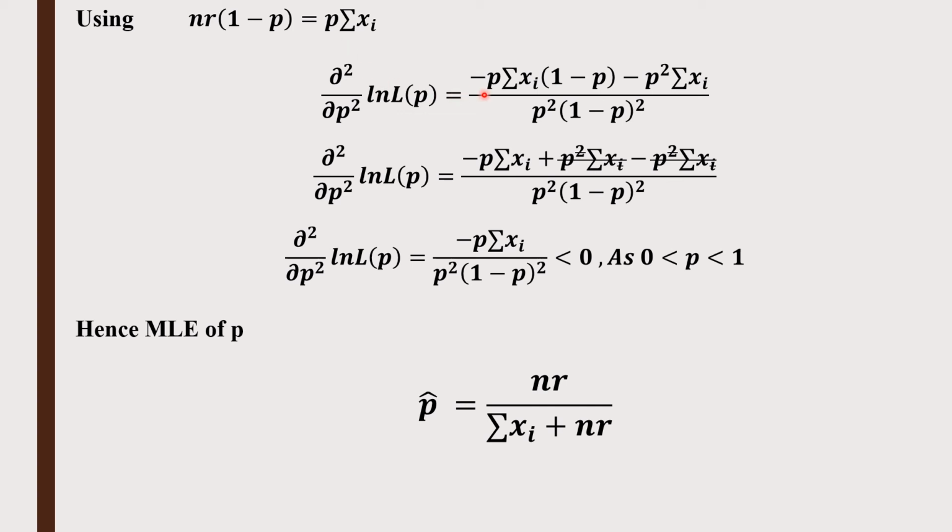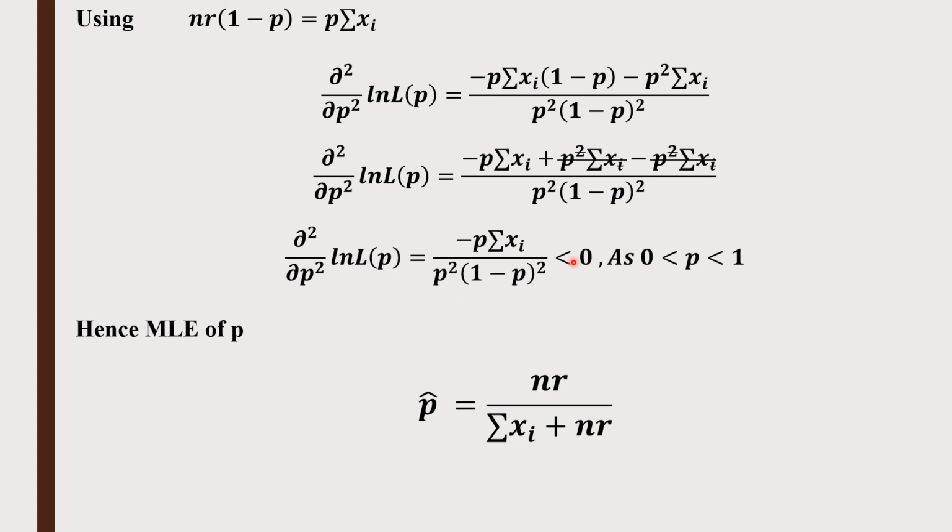We have minus p summation xi into 1 minus p. Multiply minus p summation xi with 1 minus p, we get minus p summation xi plus p square summation xi minus p square summation xi. This positive p square summation xi and negative p square summation xi will be cancelled out. We will be having minus p summation xi over p square into 1 minus p square.